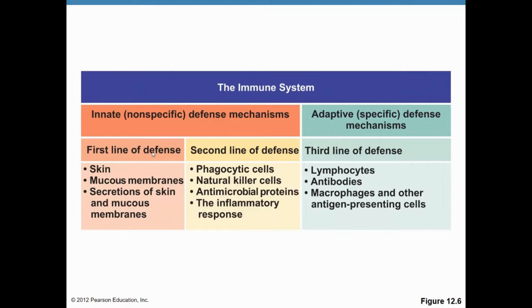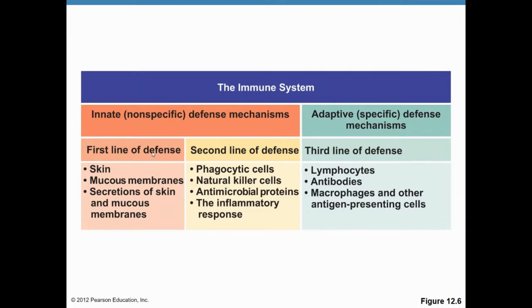Then we have our second line of defense, and the second line of defense is going to be internal, but again, these are going to be more of the generalists, right? If you think about your third line of defense is like the Navy SEALs and the mercenaries, those are like the specialists. Our second line of defense is just more generalists.